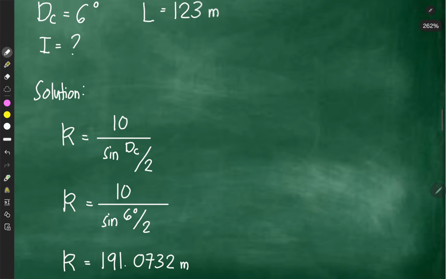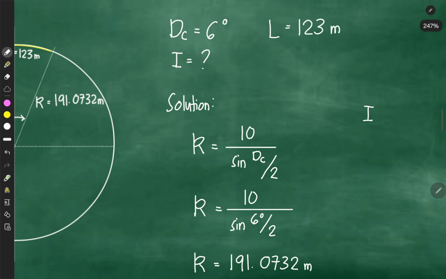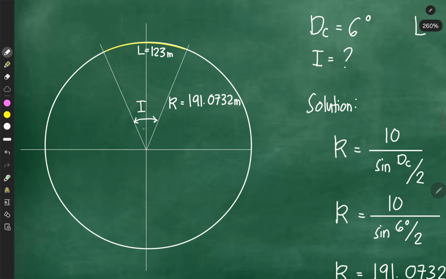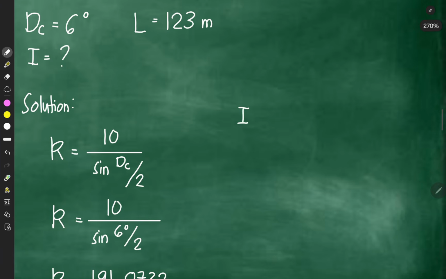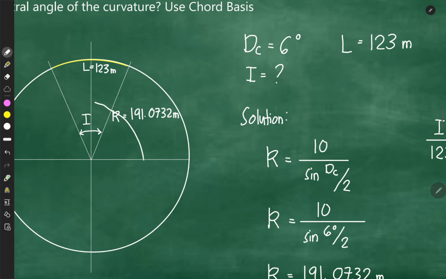Okay? So, first, our I, the angle covered by the central angle, is up to 123 meters. So, that is 123 meters, equivalent to, let's ratio it now to the whole circle.